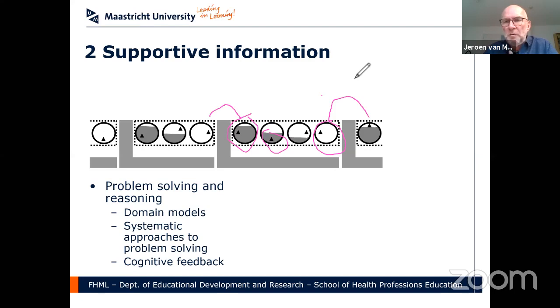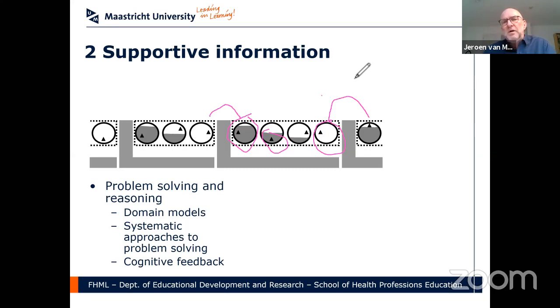It's models of the domain. When you are training a medical doctor, you need to know about diseases, about the working of medication and things like that. That's domain models. It's knowledge about how to approach problems in the domain, systematic approaches to problem solving.